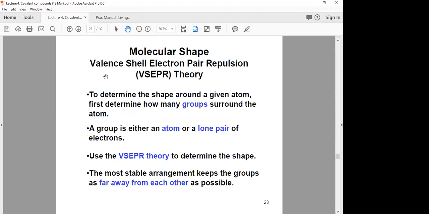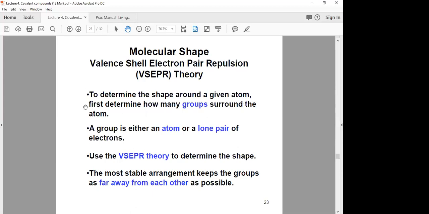This theory proposes that the most stable shape or geometry for a given molecule is determined by the repulsion between neighbouring electrons. That is, the electrons within a particular molecule will try to stay as far away from each other as possible, and that's what determines molecular shape.